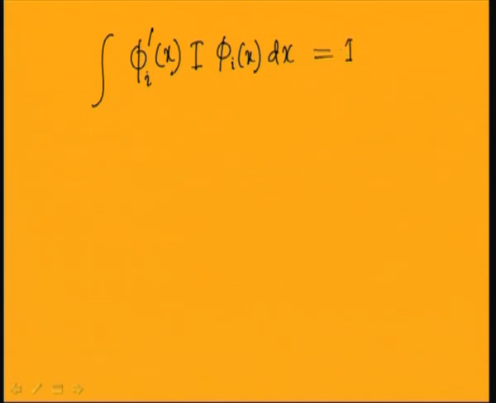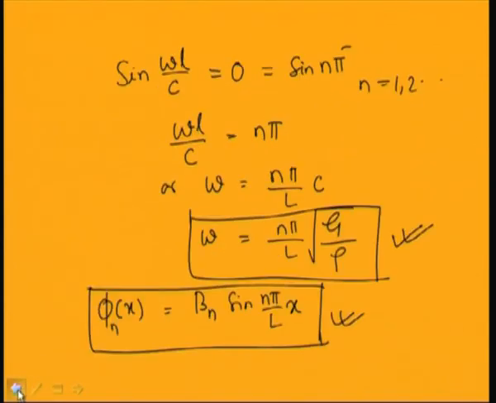In that case you will find the value for this b n. So for the ith mode you can make it equal to 1 and find the constant b. In this way, by using the orthogonality principle, you can find this constant b, and you may use that for finding the response of the system.